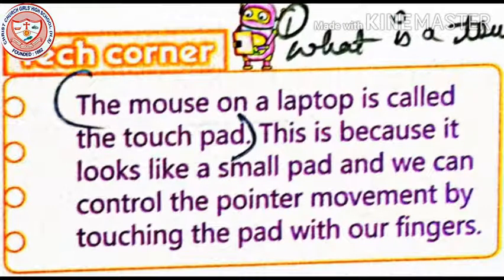With the help of a mouse, you can move the pointer anywhere on the screen. In a laptop also there is a mouse, known as the touchpad, which we can control ourselves.